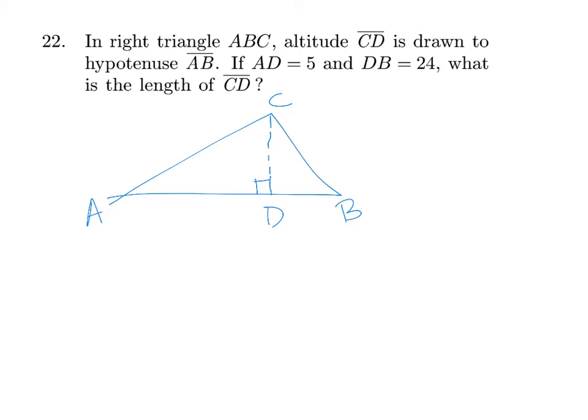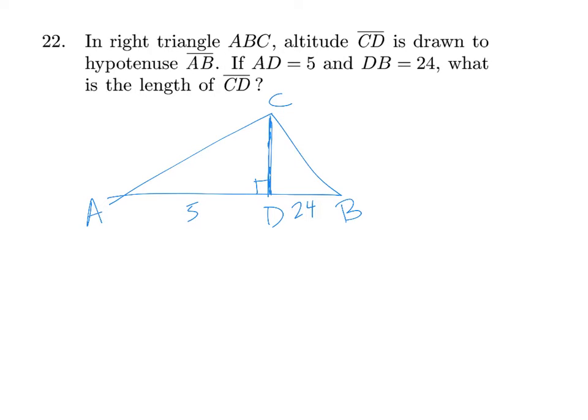AD is equal to 5. DB is equal to 24. Okay, what is the length of CD? Now, it doesn't matter if the numbers don't necessarily match up with the side lengths the way you drew it. As long as you set up the triangles correctly, you will get the correct result in the end. Okay, what is the length of CD?